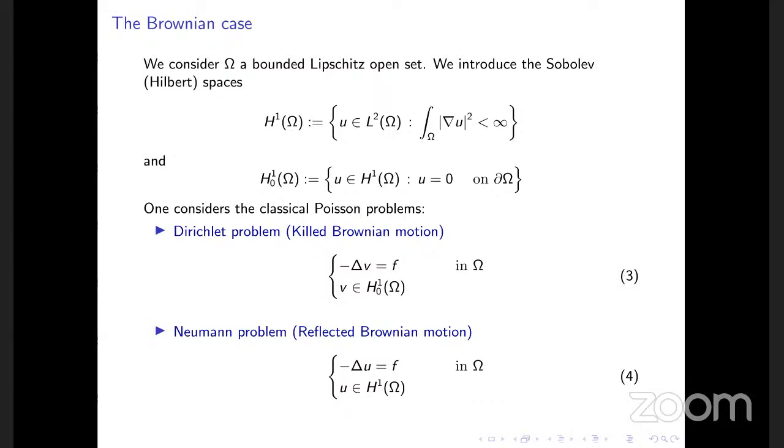So in a sense, in 3 we have fewer test functions compared to 4, but still in this situation, we will see that the solutions do not have any problem in terms of boundary regularity. But this will not be the case when we consider the Levy process, and we will see later on that these two problems will be very different in fact.